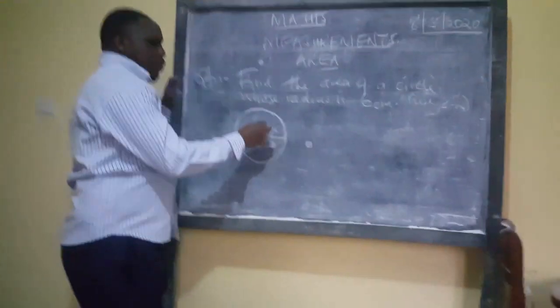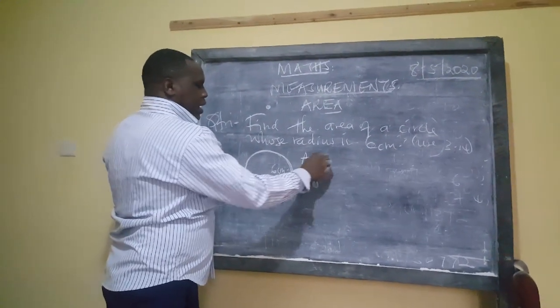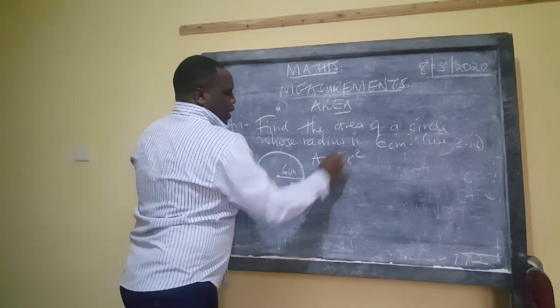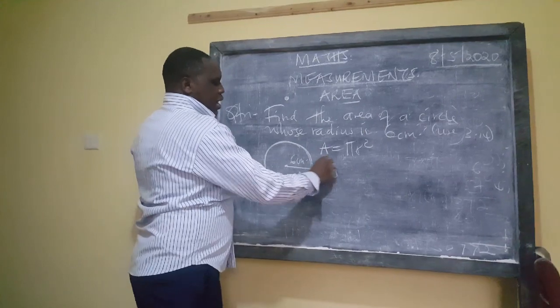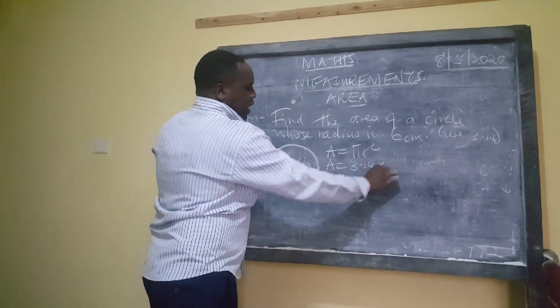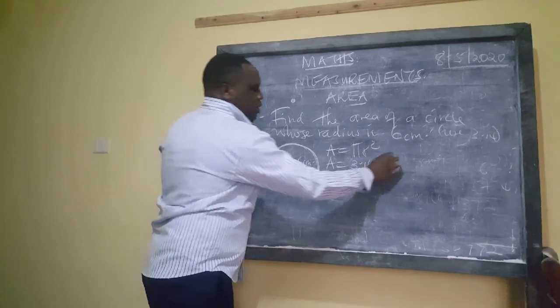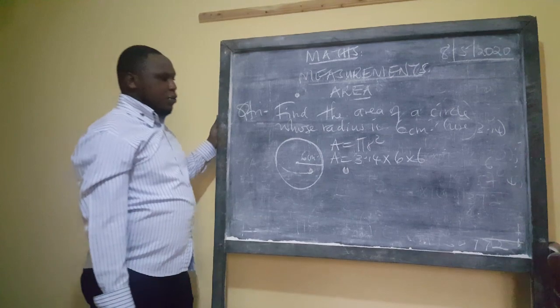So number one, you're going to write the formula. Area is given by pi r squared, because this is a full circle. So from there, you're going to say area is equals to pi. What is the pi? 3.14 times radius. What is the radius? 6. Then 6 squared. That is 6 times 6. Very, very important.